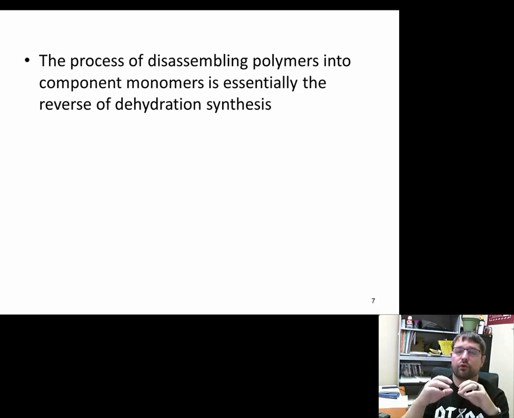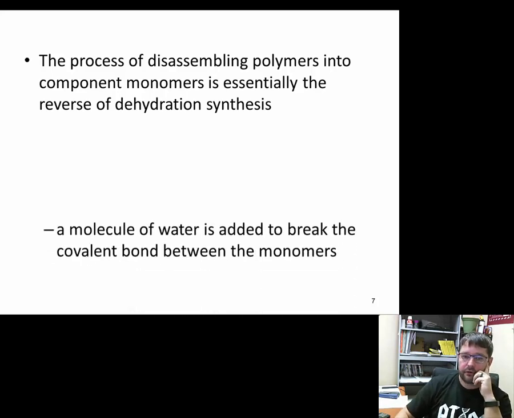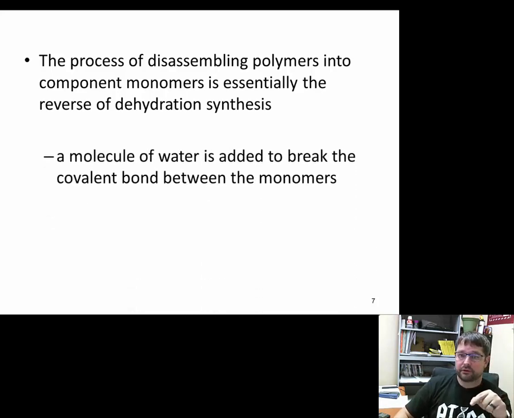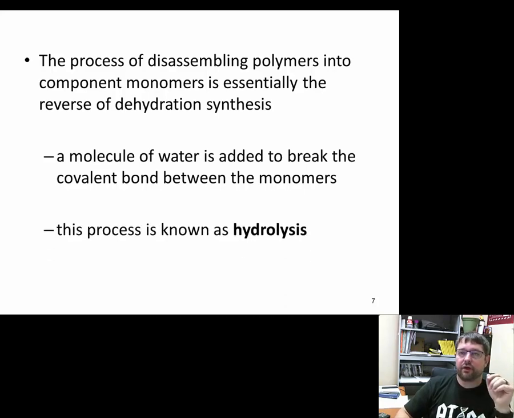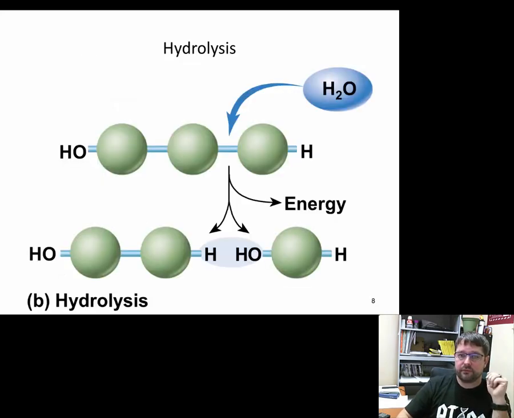So we're going to reverse the dehydration synthesis by adding water to break the covalent bond between the two monomers. That's known as hydrolysis. And so you can see a demonstration of that here. It's just the opposite of dehydration reactions.